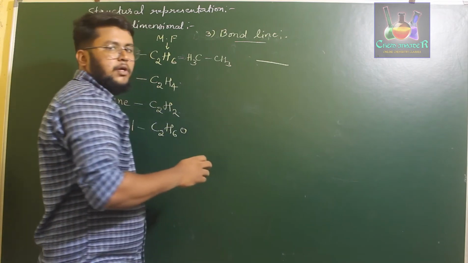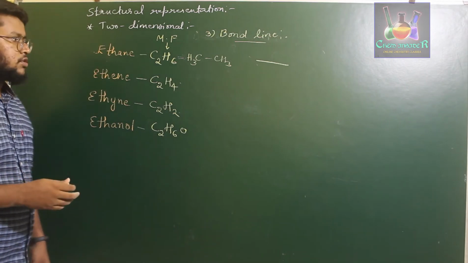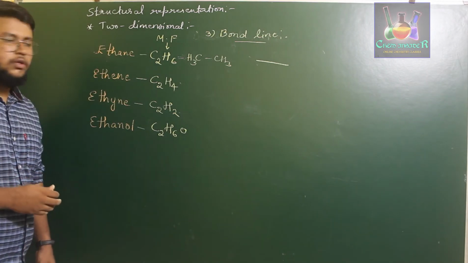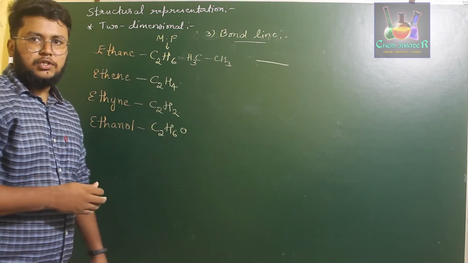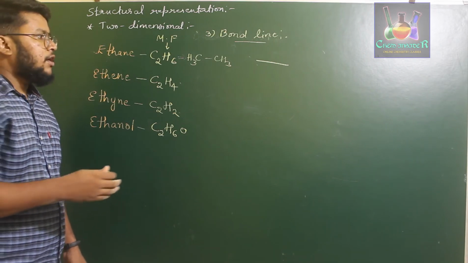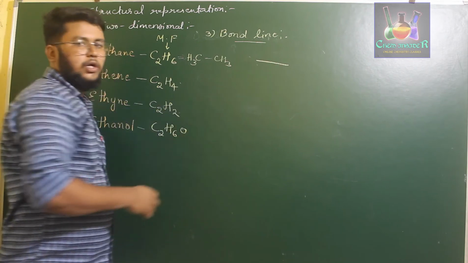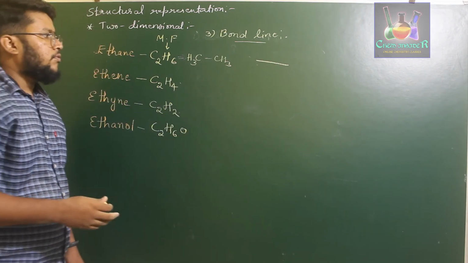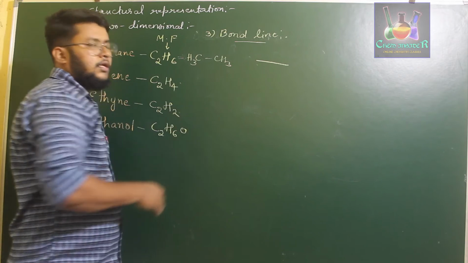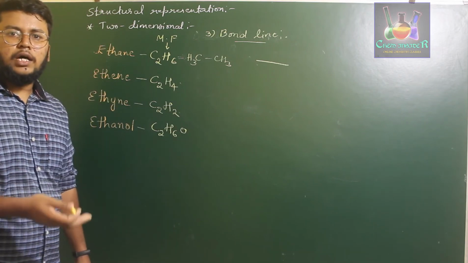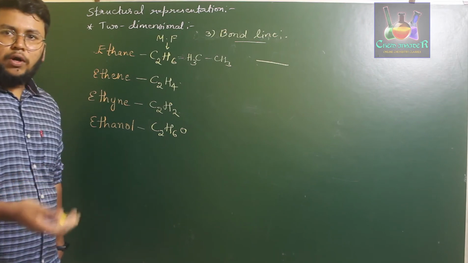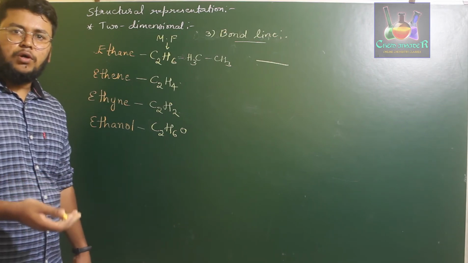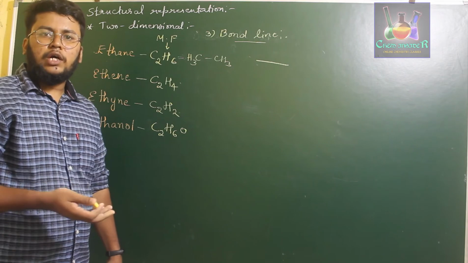Whenever we write the structure for a simple molecule of two carbon atoms, you cannot easily write down the bond line structure, because this bond can be confused for a dash bond or a reaction bond. Therefore, bond line structures are represented for those compounds which have more than two carbon atoms.